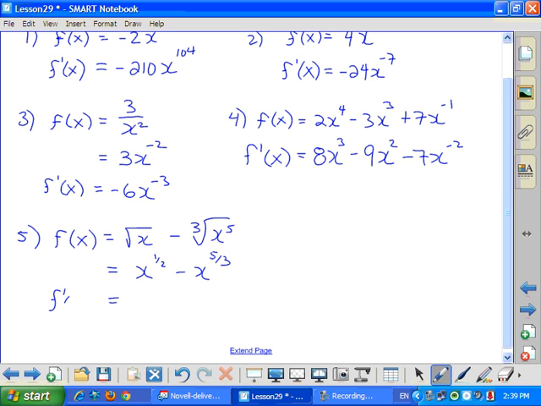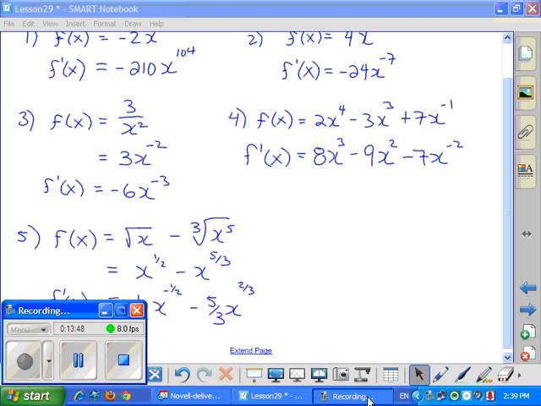Now we can take the derivative. Coefficient and exponent get multiplied. 1/2 take away 1 is negative 1/2. The next one would be negative 1 times 5/3. So we'd have negative 5/3 x to the exponent 2/3, because if you take away 1 whole, so 3 over 3, you're left with 2/3.